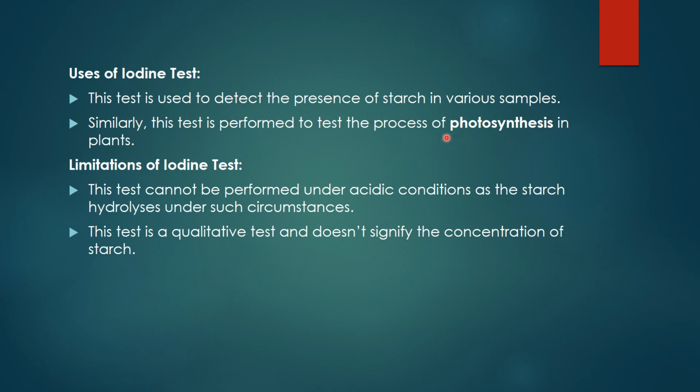As I said at the beginning of this test, we can detect starch, or the glucose made by plants in their leaves. So indirectly, you can detect the process of photosynthesis in plants.